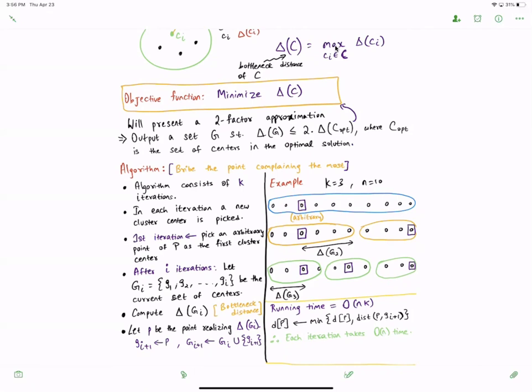That's why we have two circles here. Everyone went to the closest center. And now this delta G of 2 that I've written tells you which is the point complaining the most now, the point which is farthest from its center. That is the sixth point here from the left.